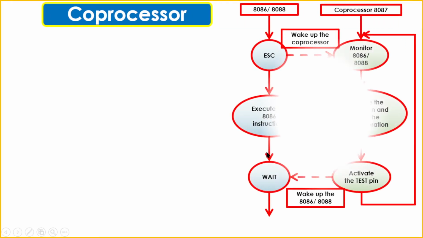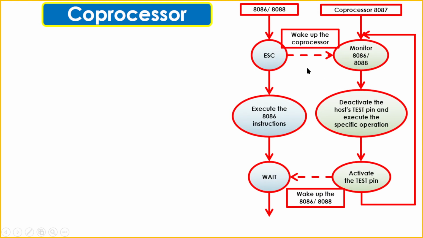Let's discuss everything in the process, simply, how it is accessing. 86, 88 will be executing instructions from the memory. There is an instruction called escape, ESC. That escape instruction will wake up the coprocessor. The escape instruction does not belong to the 86 processor; the instruction belongs to the coprocessor.